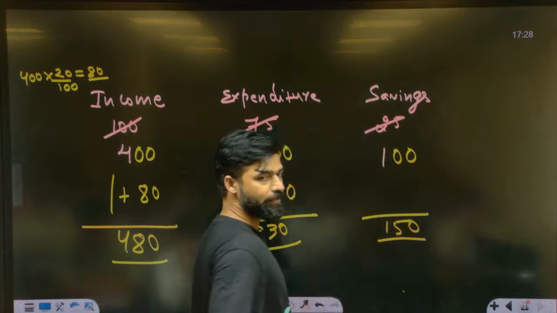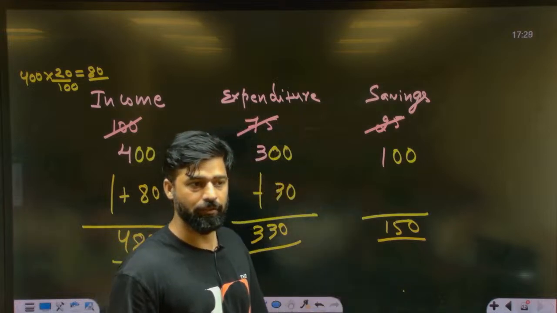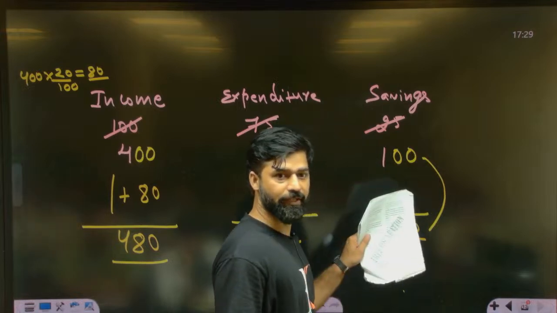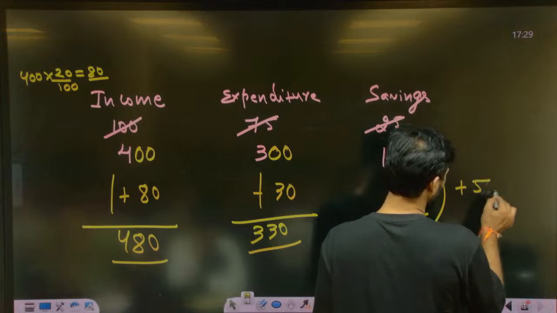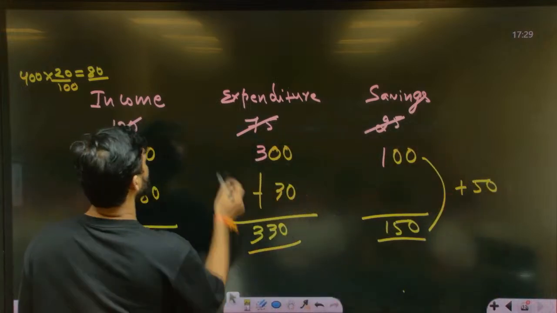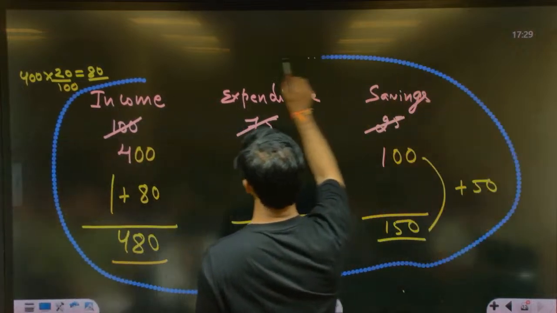So earlier the savings were 100 units. Now the savings are 150. So there is a change. Savings are increasing by how many units? 50. 150 minus 100. And we have to give the answer in percentage.